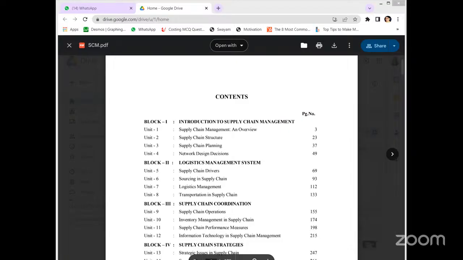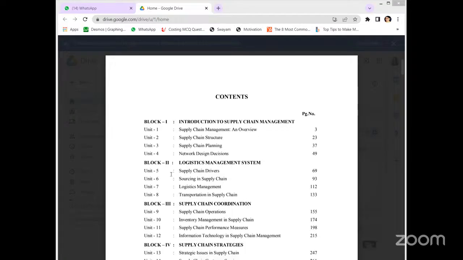To improve its supply chain performance, responsiveness and effectiveness, the organization works through its drivers, sourcing in supply chain, and logistics management and transportation in supply chain.